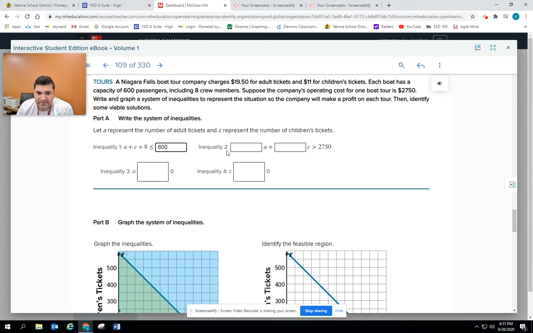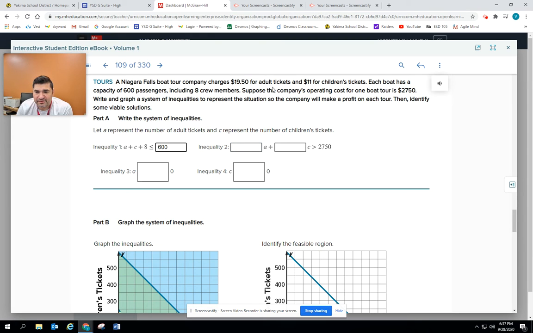Okay, inequality number 2. Blank A plus blank times C is more than 2,750. Well, in order to make a profit, we have to make more than 2,750. So how much are the adult tickets?